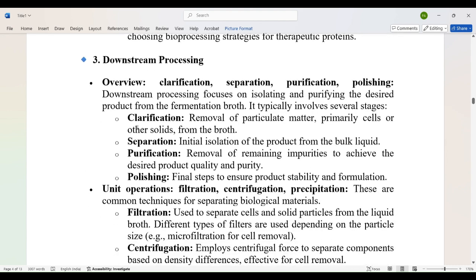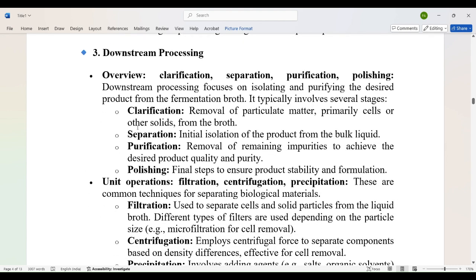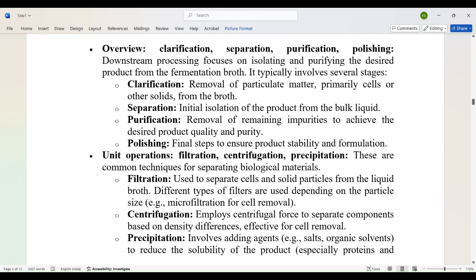Now let us understand the basics of downstream processing, which means clarification, separation, purification, and polishing of our final product. Basically, by physical means, we remove particulate matter, primarily cells and other solids, from the fermentation broth.